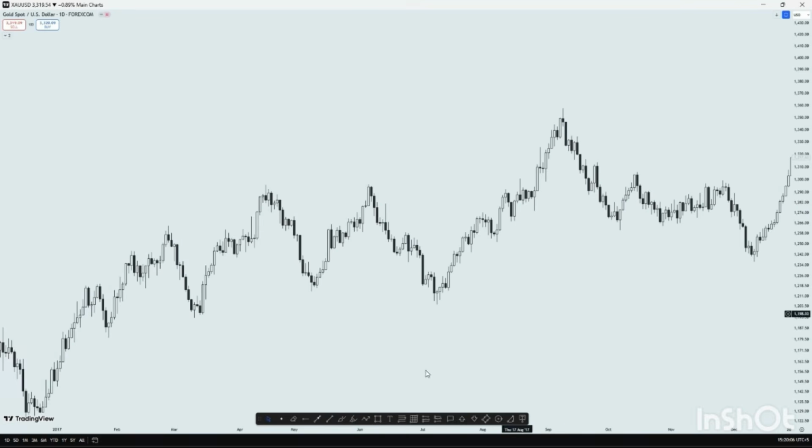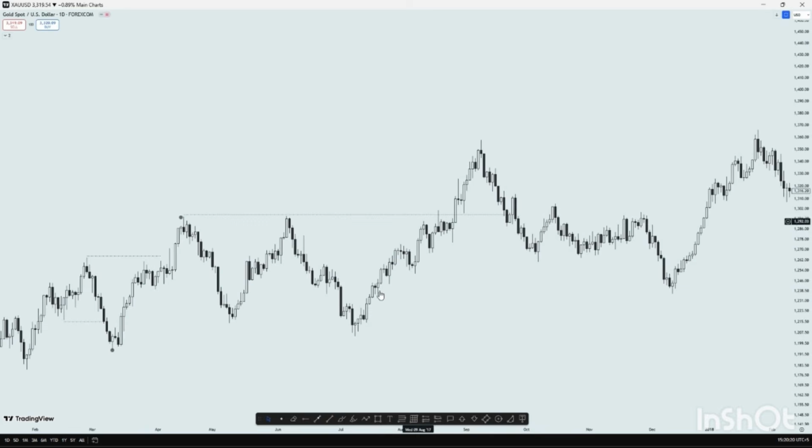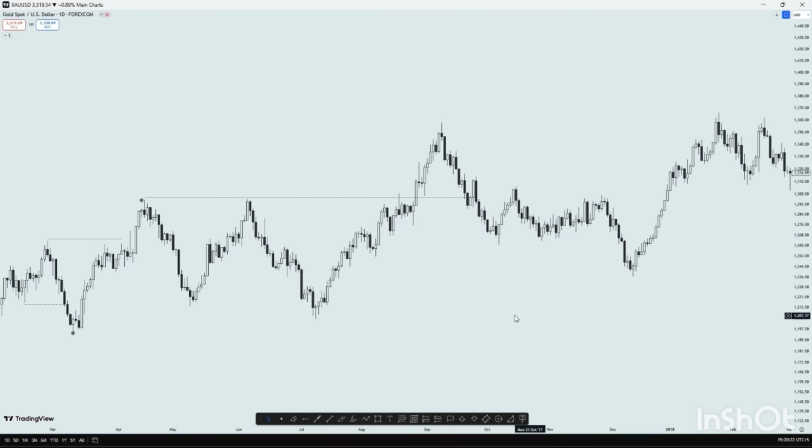So, any low that sweeps the liquidity and then breaks the structure is a strong low and has more chances to work. The same thing happened here. It was also a strong low that was respected, and the market gave us this bullish expansion. After that, we got a strong low because it swept the liquidity and then broke the structure.